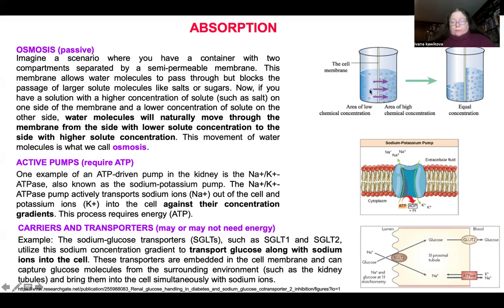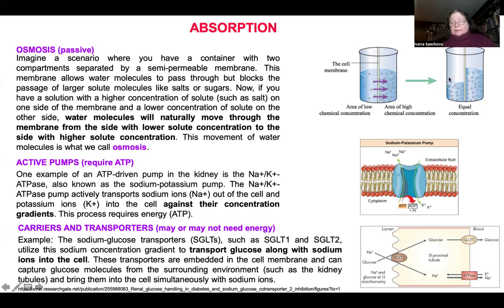So what's going to happen by osmosis is that the water from the left compartment is going to move into the right compartment, and it will continue moving until the concentrations in both compartments are the same.